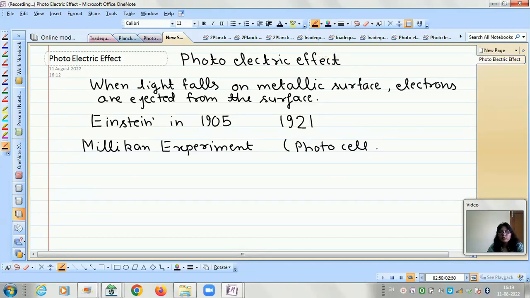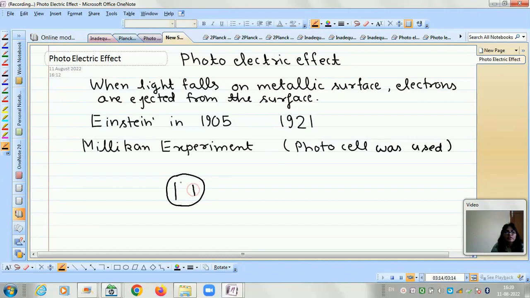So in this experiment, a photocell was used. So let us draw a diagram of the photocell. So there is an evacuated chamber, and in this chamber there is a metallic surface or metal which is termed as the photocathode, and here it is the anode.